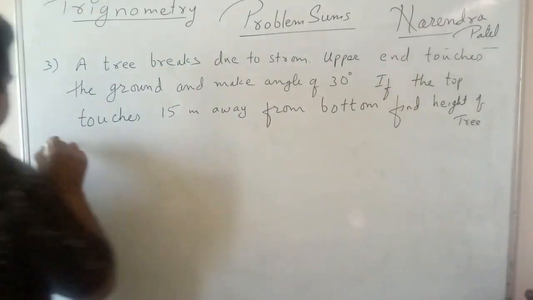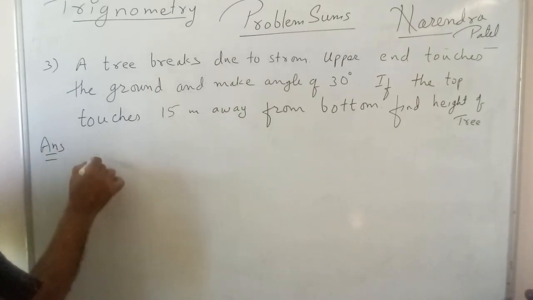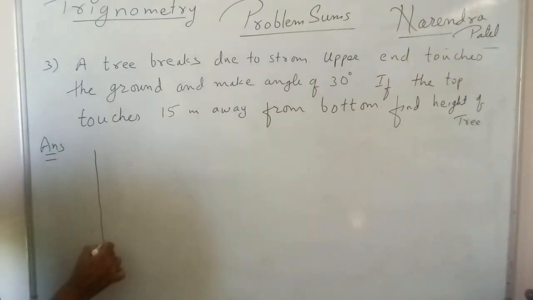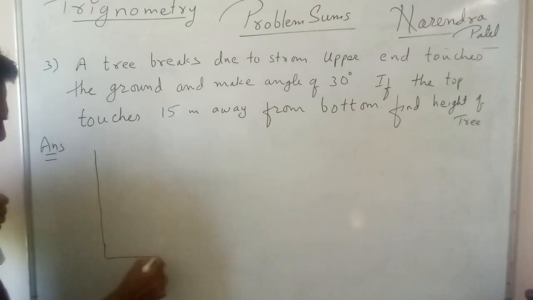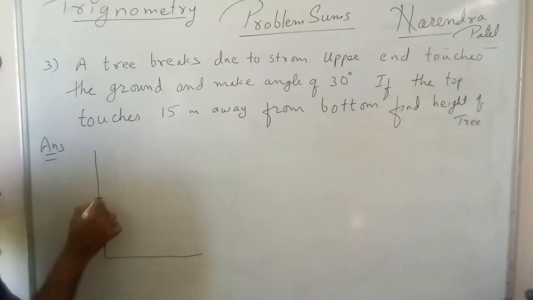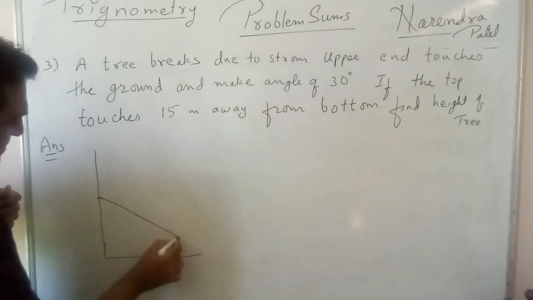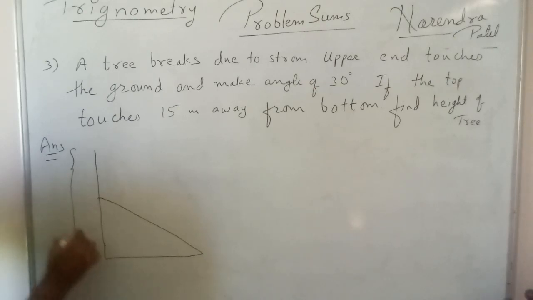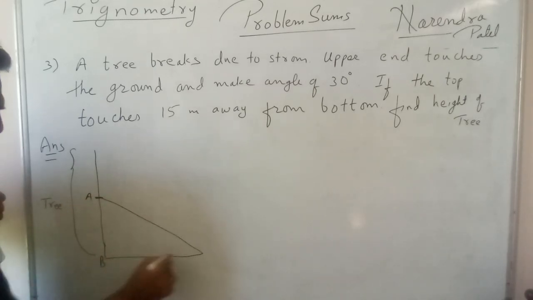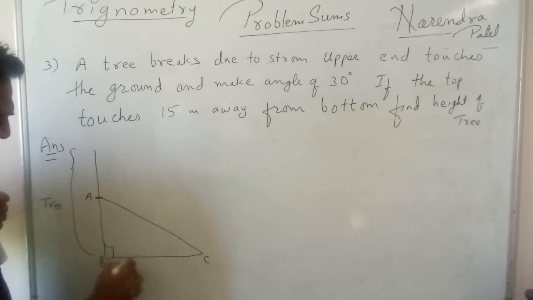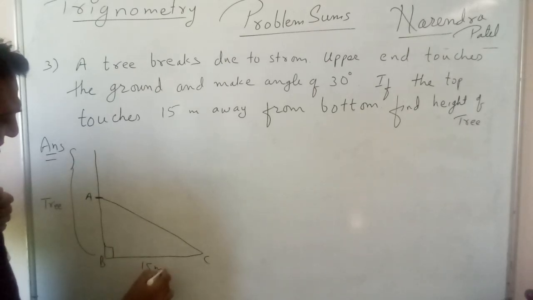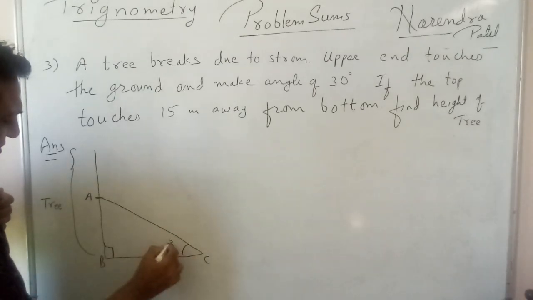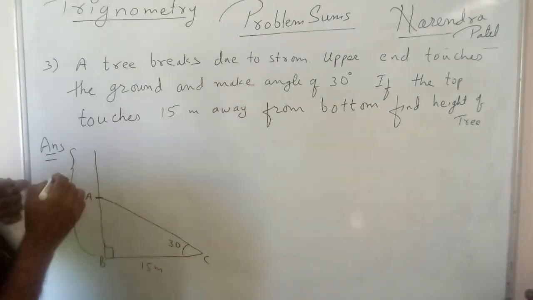So let me draw a figure so that you can understand. Let this be the tree, this is the ground. The tree is going to break from here. From here the tree is broken. This is the tree, the whole distance is the tree, and from this portion it is broken. A, B, and C. It is touching 15 meters away, making the angle of 30 degrees.